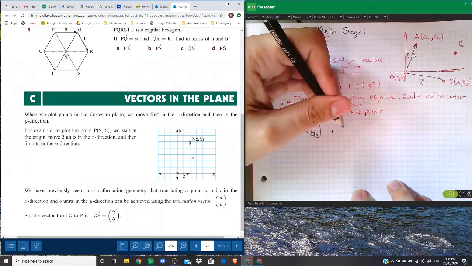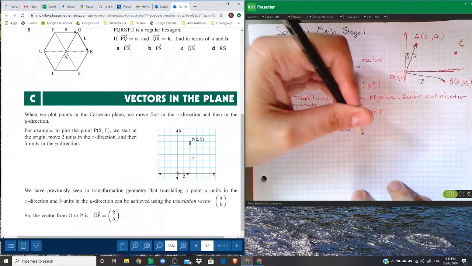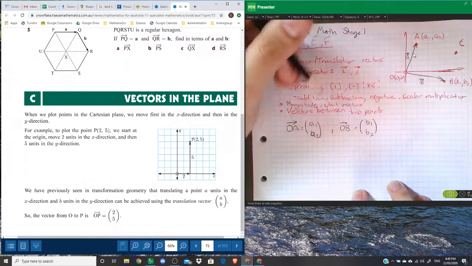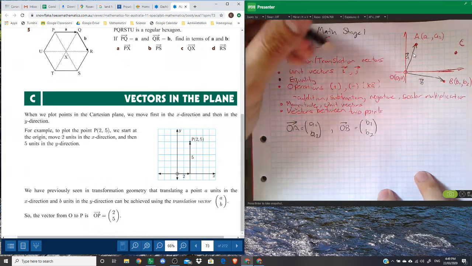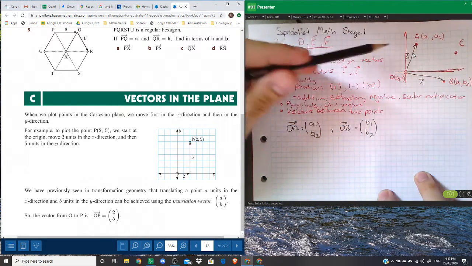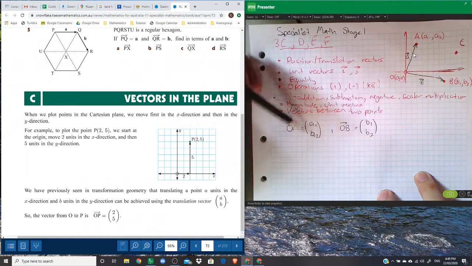And likewise, OB is B1, B2, as such. So that's how we represent the path that we take to go from the origin to A and to B. Okay, and those are the coordinates. All right, so this is the common format we're going to be using for vector notation, there's x and y.